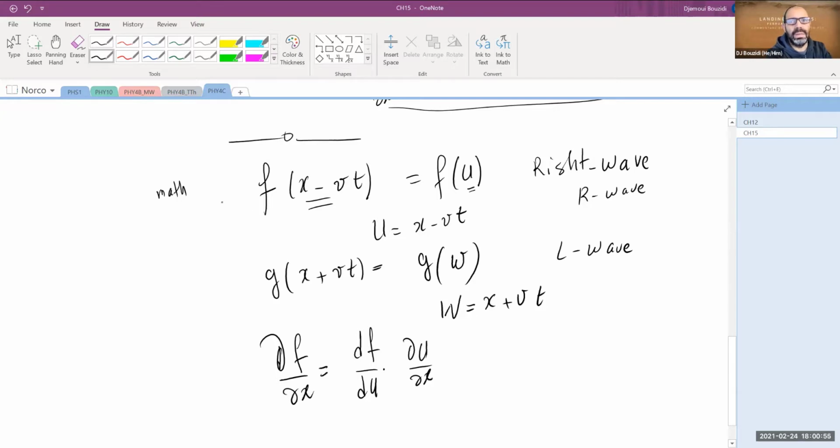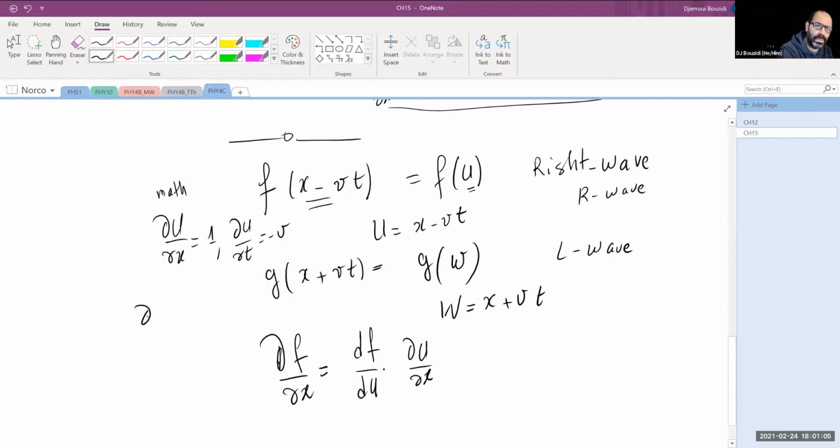You guys see that? The partial of u with respect to x is 1, and the partial of u with respect to t is minus v. In the same token, the partial of w with respect to x is 1, and the partial of w with respect to t is positive v. This is just straight out from here.